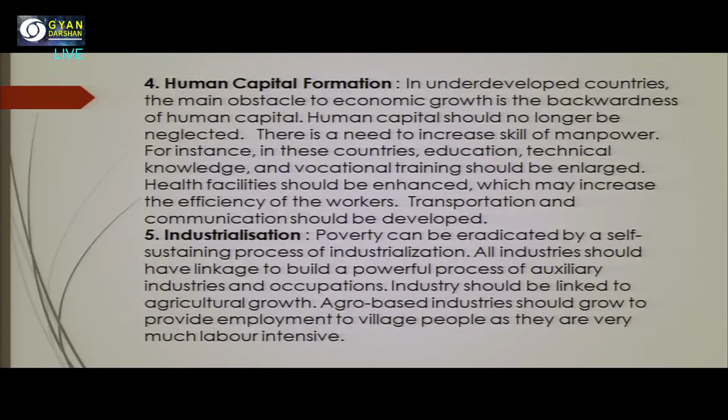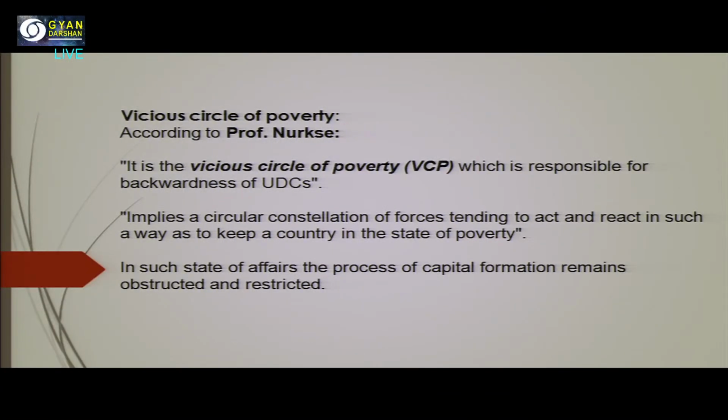Then another important remedy is industrialization. More industries come up, in a balanced way across the regions, the more people will be lifted out of poverty. So industrialization is another important remedy for poverty.